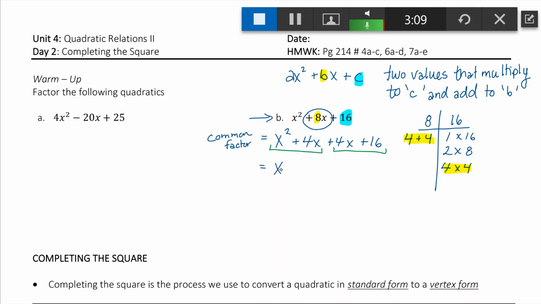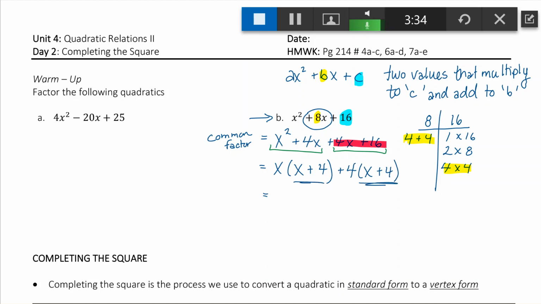Well, x is common here. That leaves us, if you factor it out, x plus 4. Okay, and next we look at 4x and we look at 16. Well, what's common amongst those two terms is 4. So if you factor out 4, what is that left with? x plus 4.